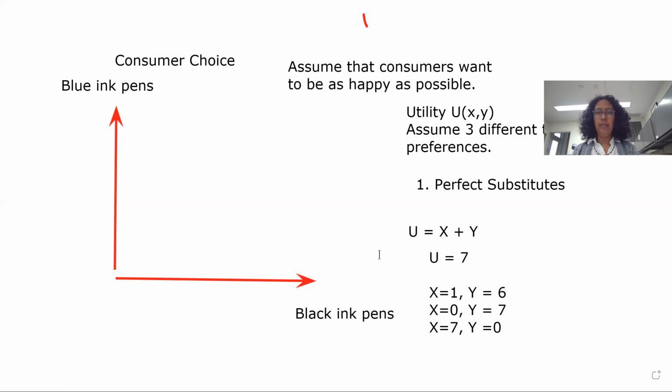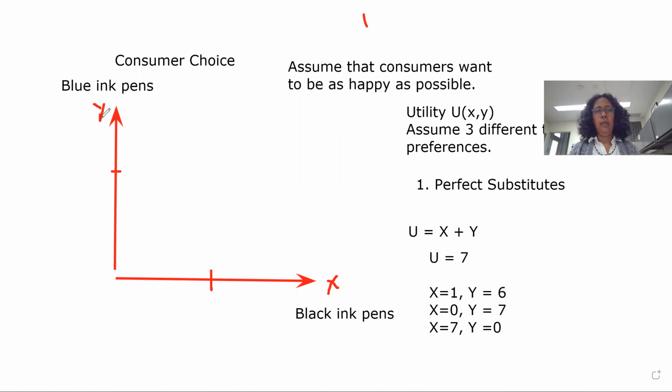So I'm going to graph that. So let's go to my whiteboard here, my little drawing tool. And so how does a graph look? And I'm going to make my utility equal to 7. Okay, on the X, and my X's are black ink pens, the horizontal axis here, and my Y's blue ink pens.